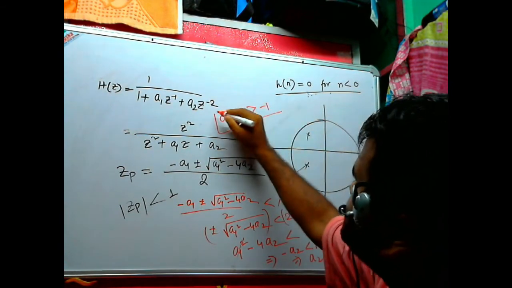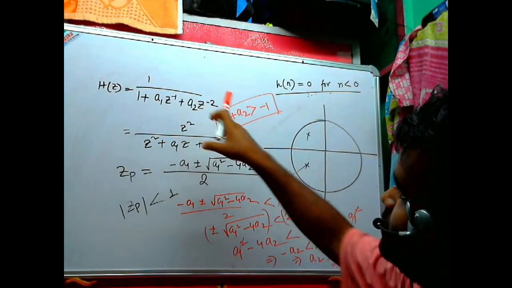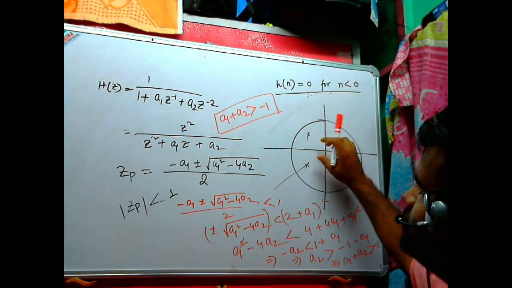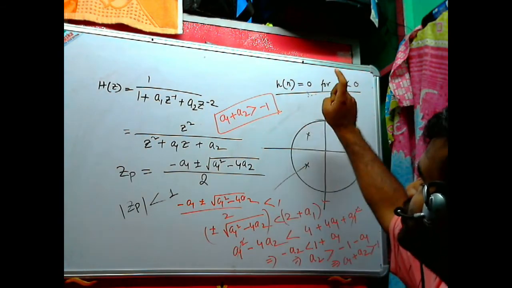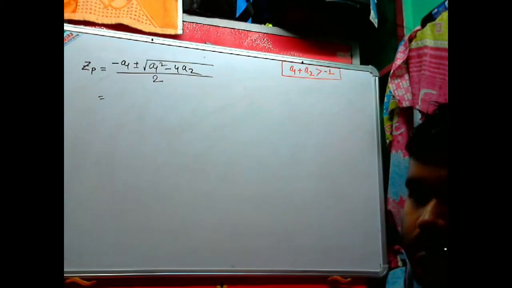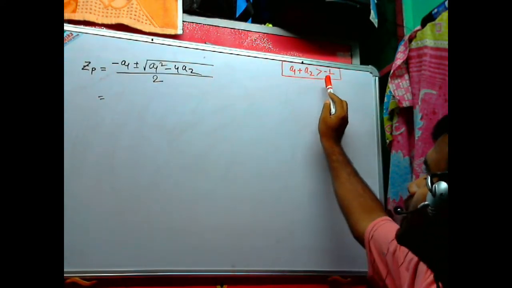If this condition is satisfied, then the poles are inside the |z| equals 1 circle, representing a causal as well as stable system. So this is our first condition: a1 plus a2 is greater than minus 1.